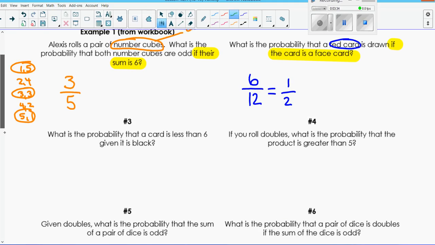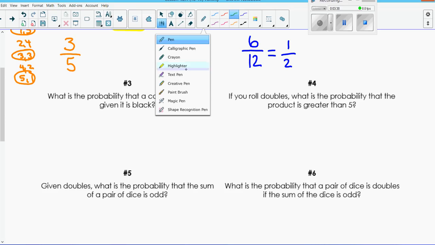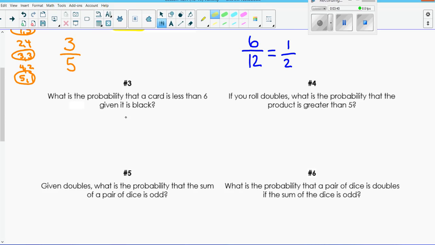Okay, next problem. What is the probability that a card is less than 6 given it is black? Here's our sample space, given it is black. If we think about our deck of cards, we have 52 cards, so 26 of them, half of them, are black. So what is the probability that a card is less than 6? Notice that I keep going back and rereading.